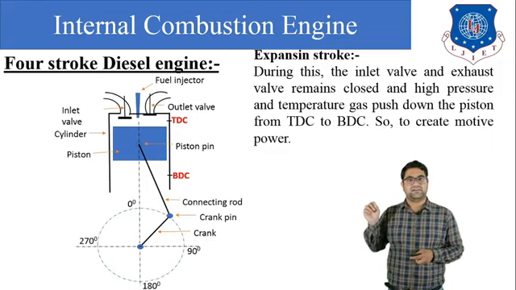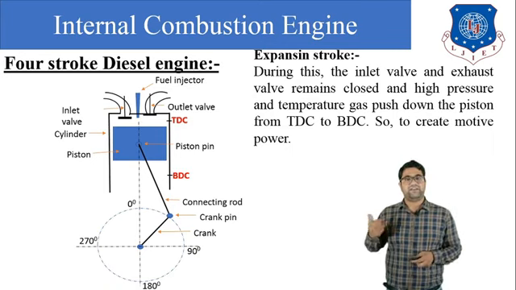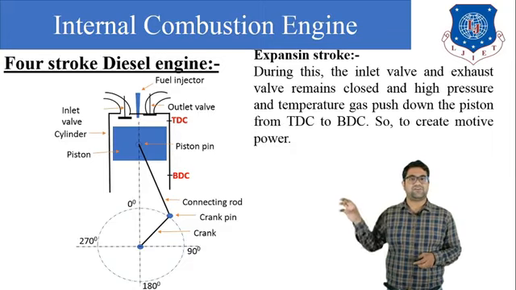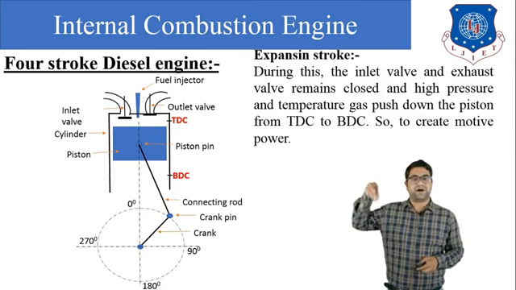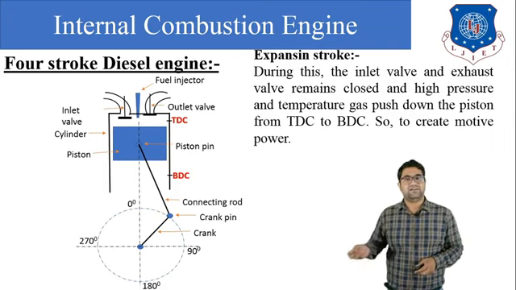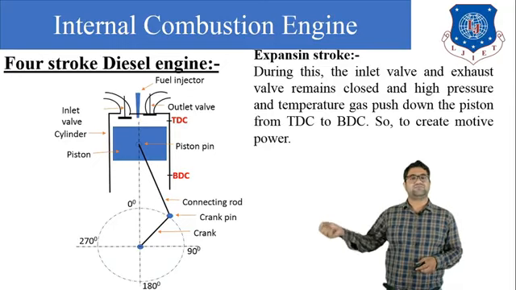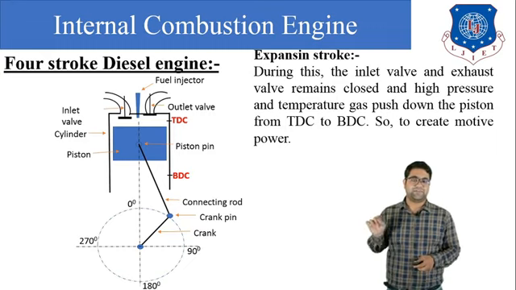We can say that in the diesel engine the air reaches the self-ignition temperature, and when the particles of diesel come in contact with the air, ignition starts automatically. This is the basic difference between the petrol engine and the diesel engine. In the petrol engine, we provide a spark to ignite the mixture. Here, because the temperature of the air is very high, when diesel comes into contact with the air, it will automatically burn.